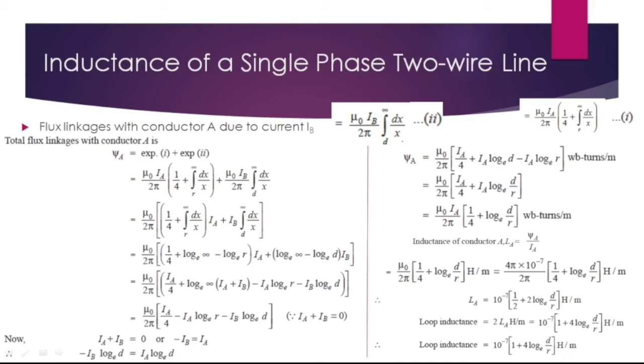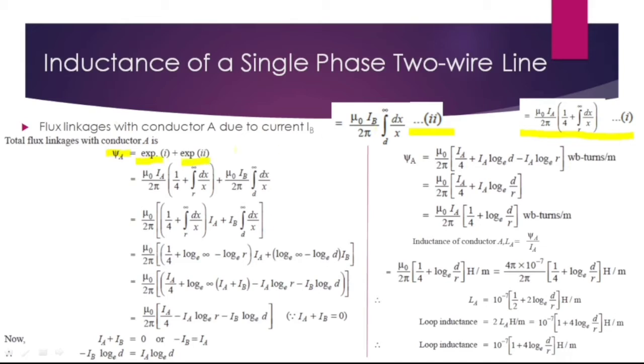Then the total flux linkages, that is of expression 1 and expression 2, the total psi A value is equal to expression 1 plus expression 2.